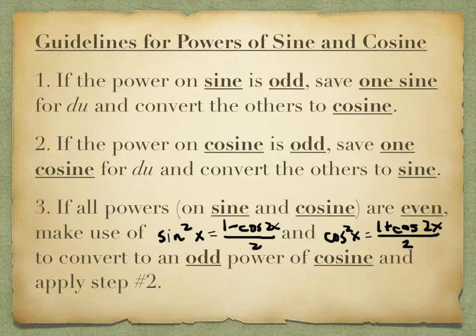Now, it changes it to be a double angle, but double angles are easy to work with in calculus because you can just let that be u and do a simple u substitution when you've got products of angles inside, like the 2x. So we actually turn those into an odd number of powers, and then we can go back to step number 2, because now we're dealing with an odd power of cosines.